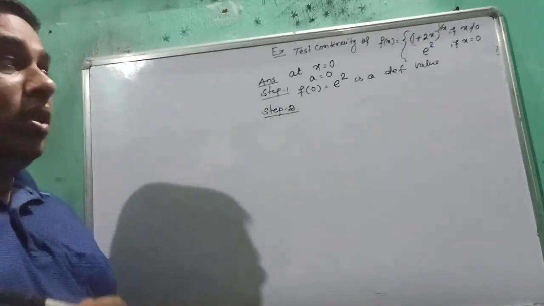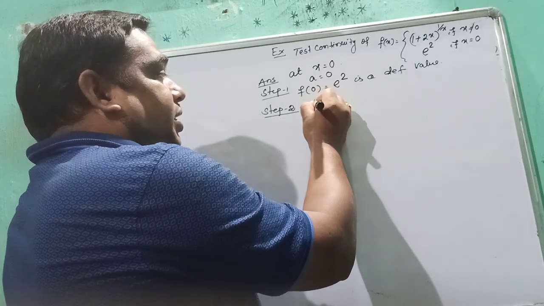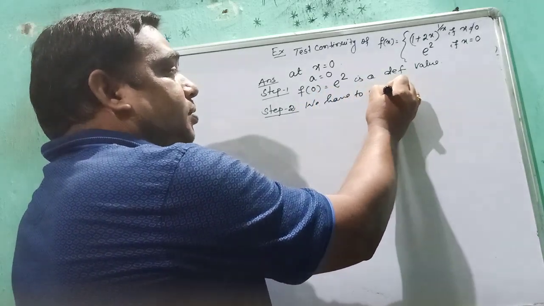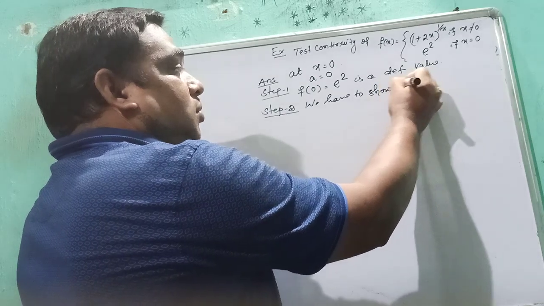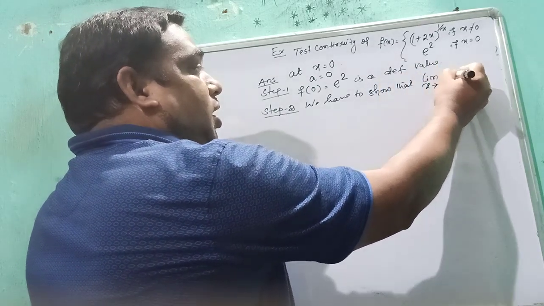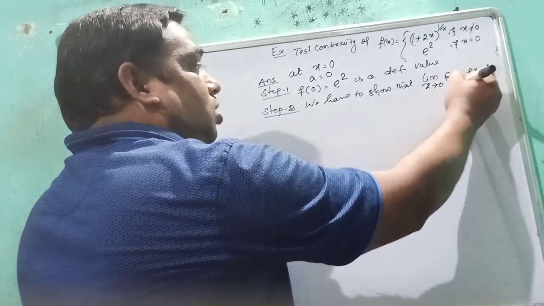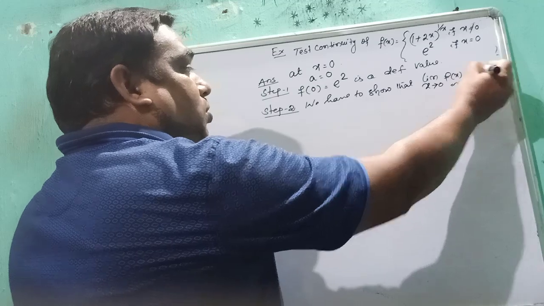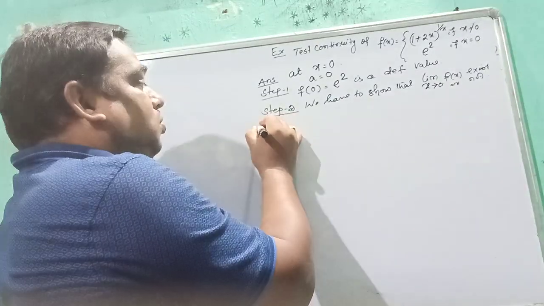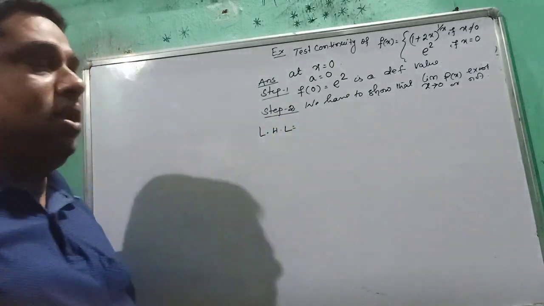Step 2. We have to show whether the limit x tends to 0 of f(x) exists or not. We have to test the existence of the limit in step 2. So first we take the left hand limit.